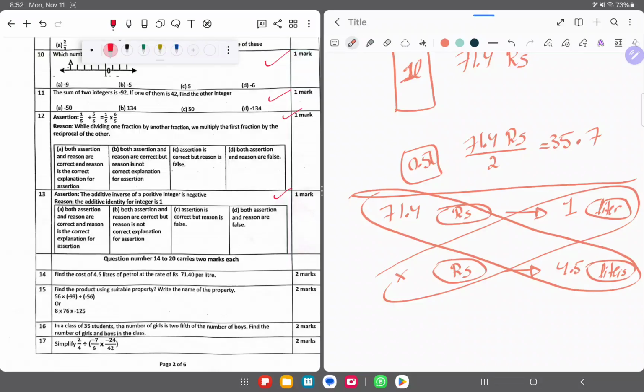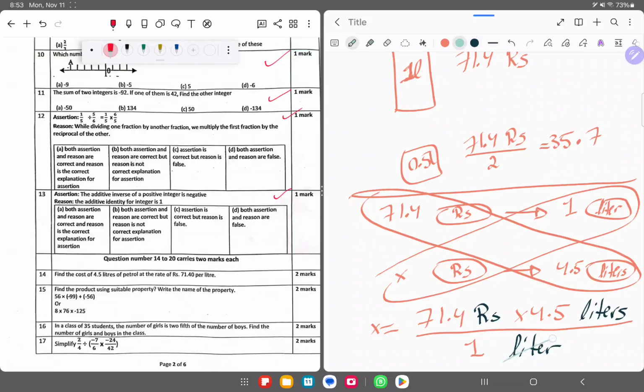Okay, so then I'm going to do x equals 71.4 rupees. I need to emphasize this one. Rupees times 4.5 liters over 1 liter.